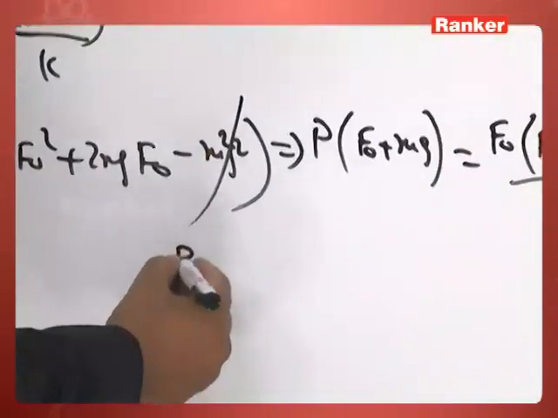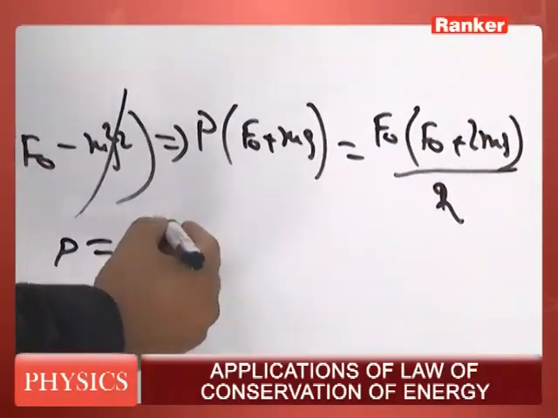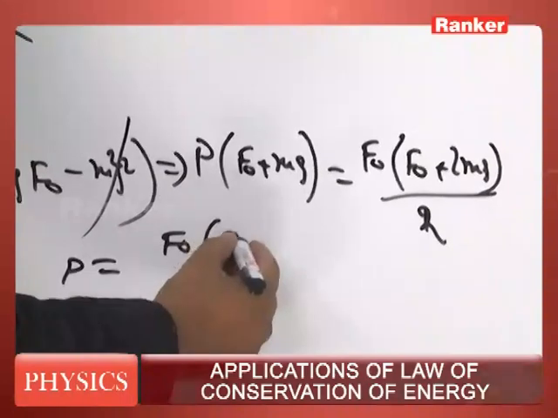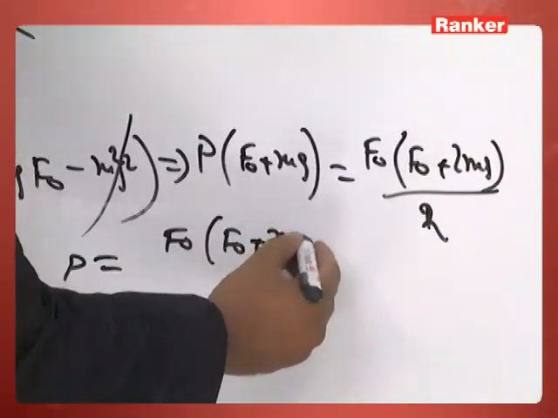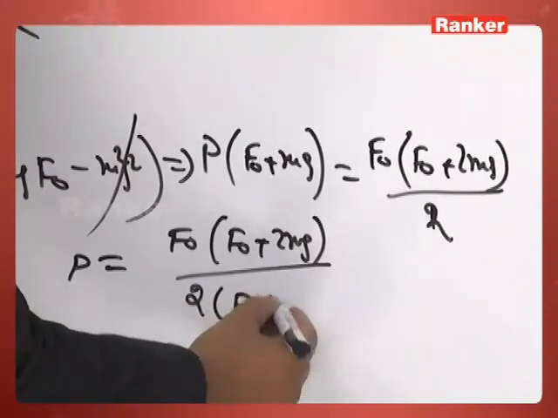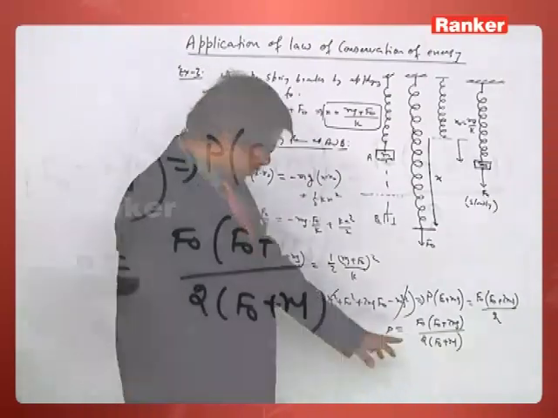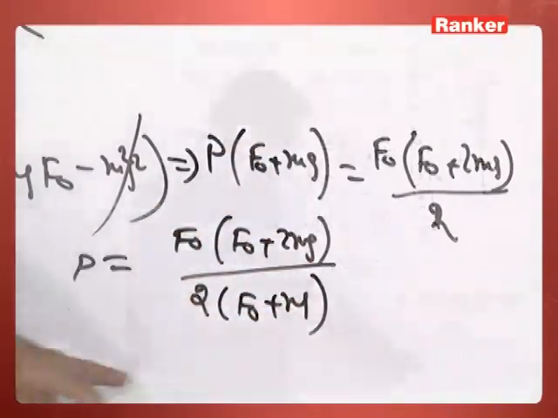So this P will be equal to, I have to divide this. So it will be F naught times F naught plus 2 mg by 2 into this F naught plus mg. So this P will be equal to this.